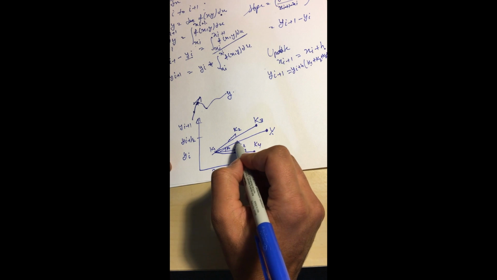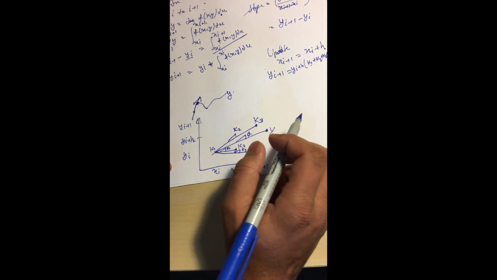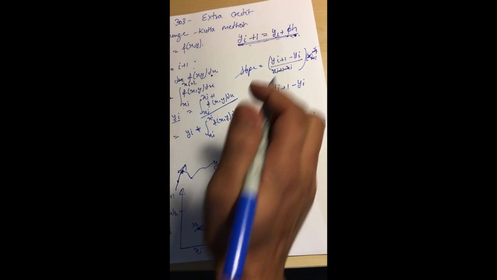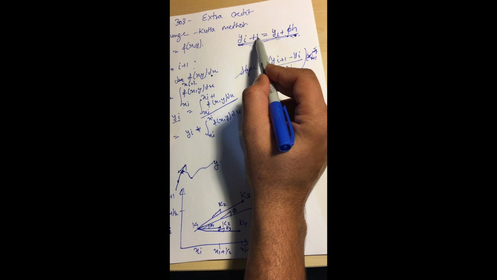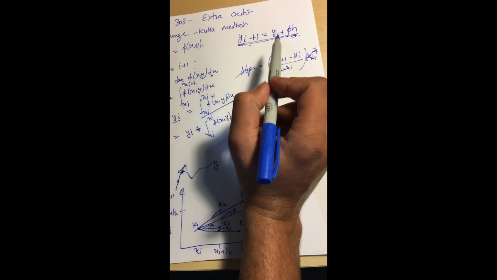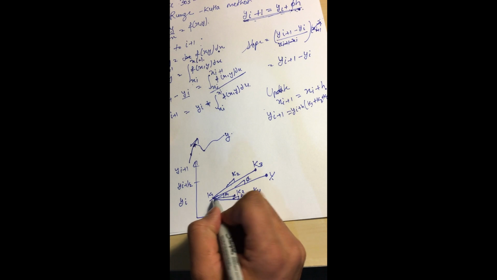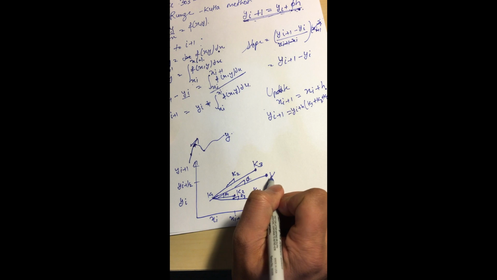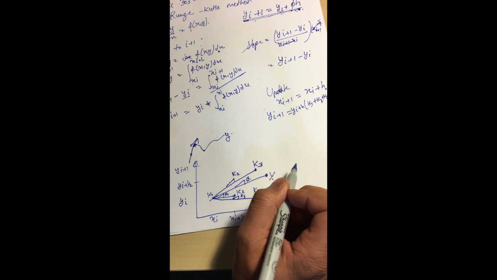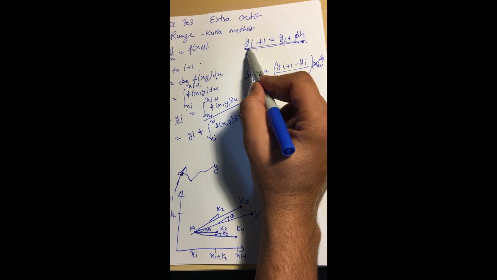We can take this slope as phi, because, as I already told you, our next value y_{i+1} is equal to y_i plus phi times step size. So this is our y_i, and this is our next function. We need a slope times step size, which means this equation is true.